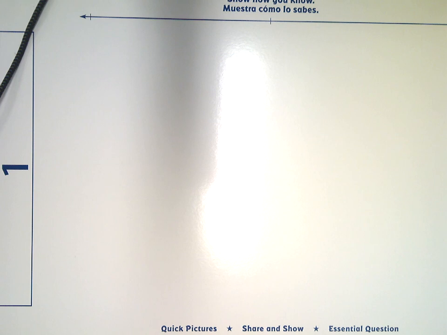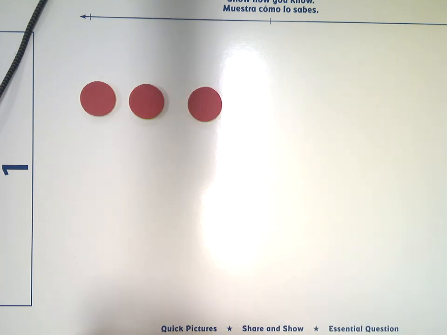So Maya collects stamps. She has 20 stamps in her collection. So how many counters do you think you need? If she has 20 stamps in her collection, how many do you need? 20. So you need to have 20 on your board.